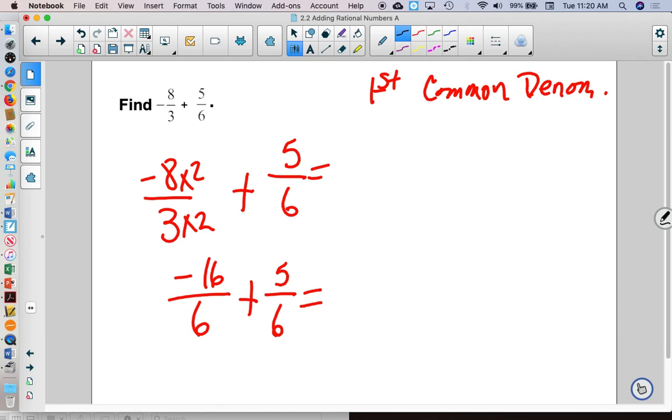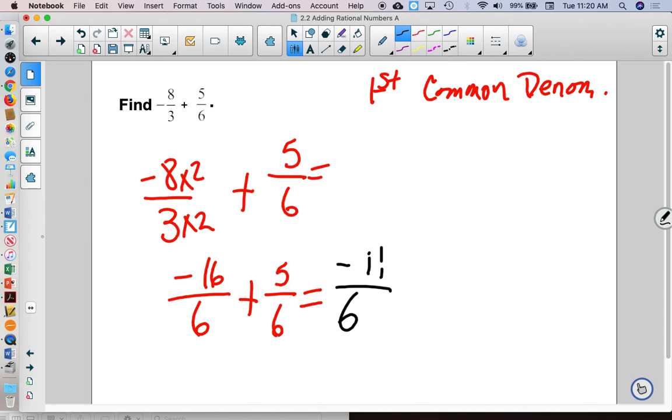Okay, so I'm going to keep my negative symbol. What is 16 minus 5 then? 11. So I've got a negative 11. What do I do with the bottom? Just keep it, don't I? Negative 11/6. Should I leave my answer that way?